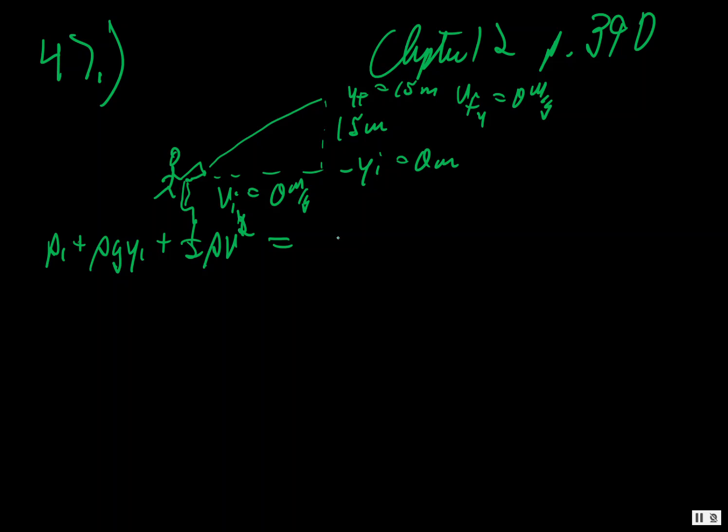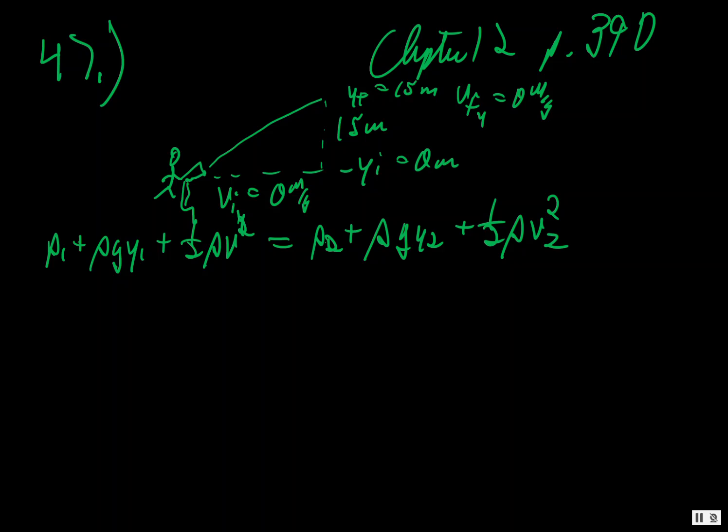All right, it's equal to the pressure 1, that's pressure, not rho, plus rho g y2 plus 1/2 rho velocity squared 2, right? Okay, so now let's go through here and cancel some terms out.